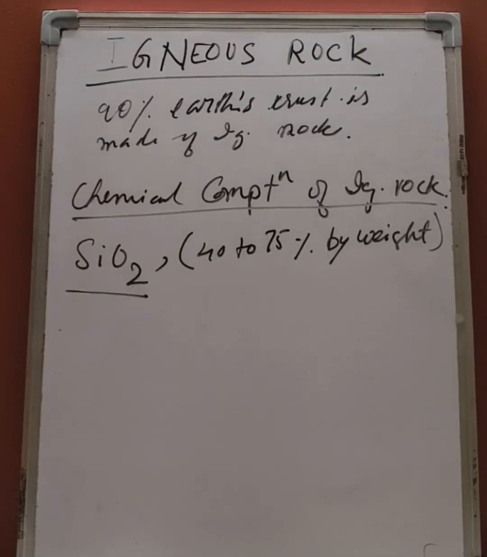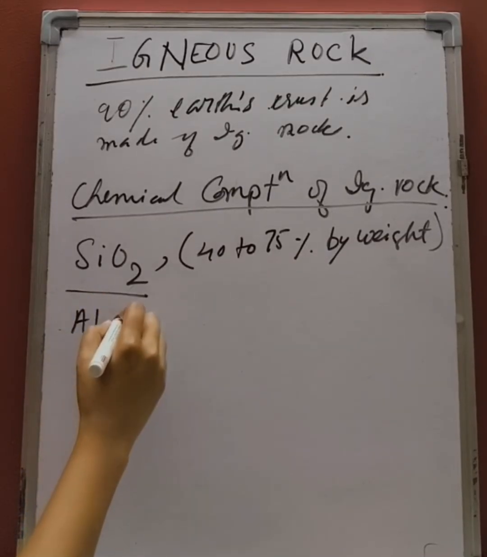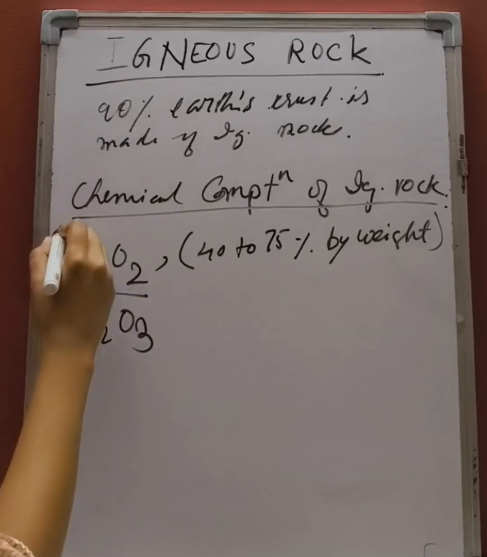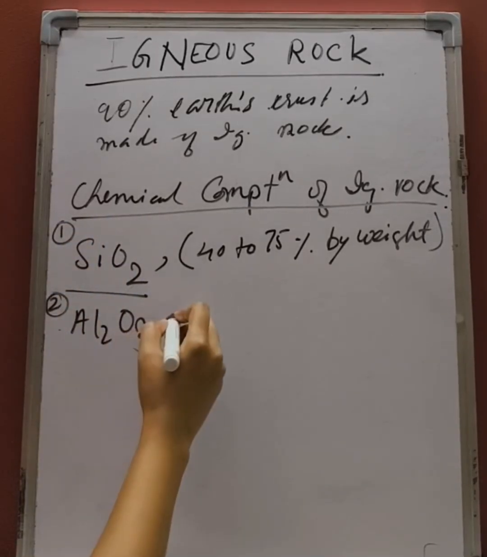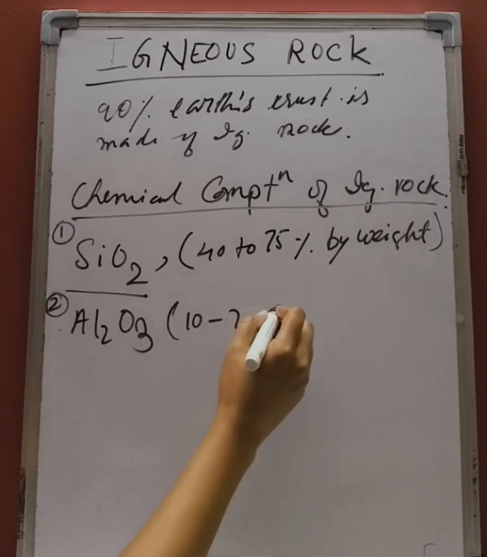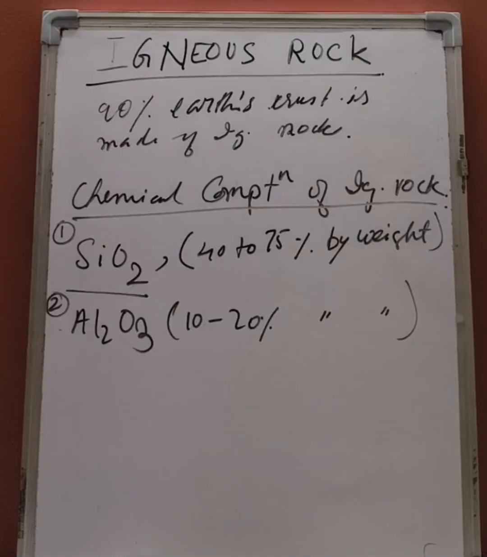After that, the component which comes next to SiO2 is Al2O3. This is the first, this is the second. It makes up about 10 to 20% by weight of the igneous rock.